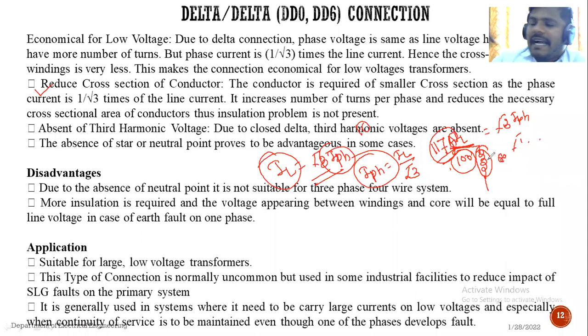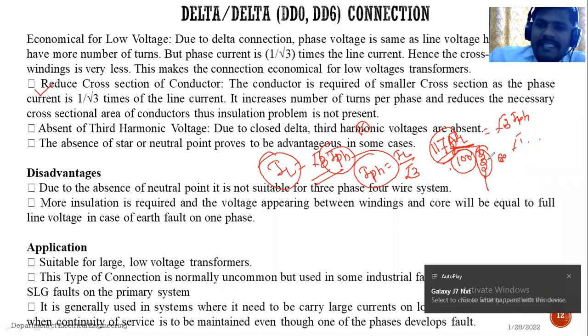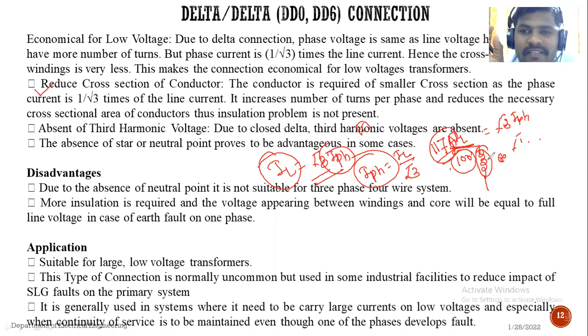Our equation is IL is equal to root 3 IPH. Okay, that means if cross sectional area increases, then resistance decreases, so the current carrying capacity will be more.